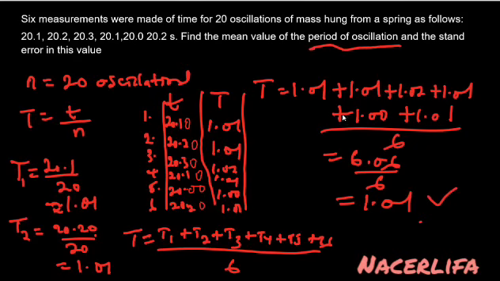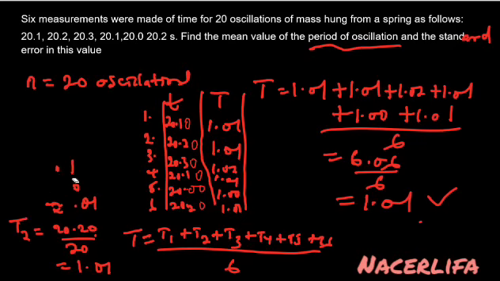The question says, find the mean value of the period of oscillation and the standard error in this value. So how do we find the standard error in this value? Since we have 6 measurements, we have n equals 6.